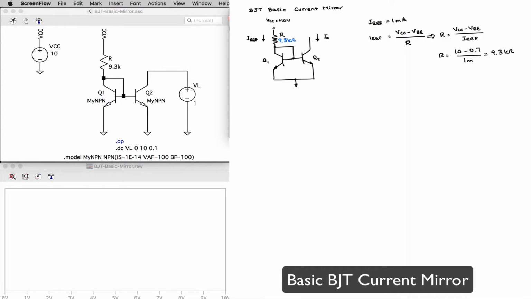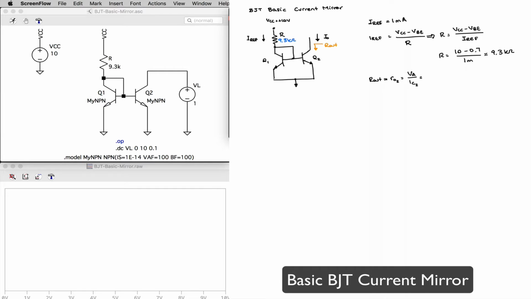With that, since this is the basic mirror, I know my output resistance, which is the resistance looking into the output of the current mirror, which is essentially the collector terminal of Q2. It's going to be approximately equal to r_o2, which is the early voltage divided by the quiescent collector current of transistor 2.